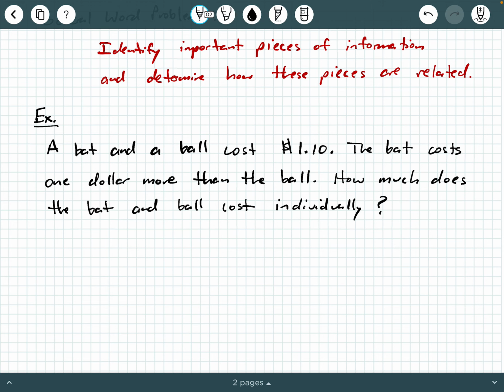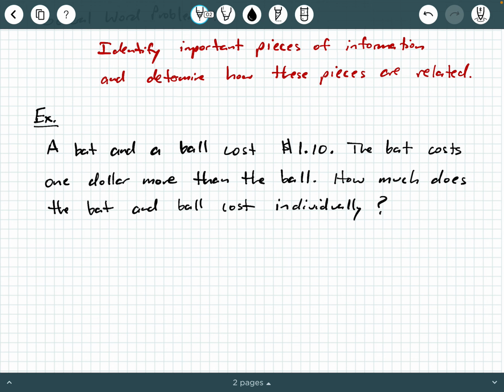All right, so that means how much does the bat cost by itself and how much does the ball cost by itself? Okay, now at first glance, you may look at this and think, oh, wow, this is so easy. This is 3 simple sentences, okay? The bat must cost $1 and then the ball costs 10 cents, but that's not correct.